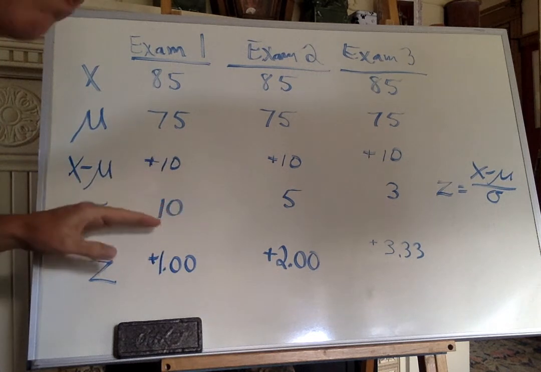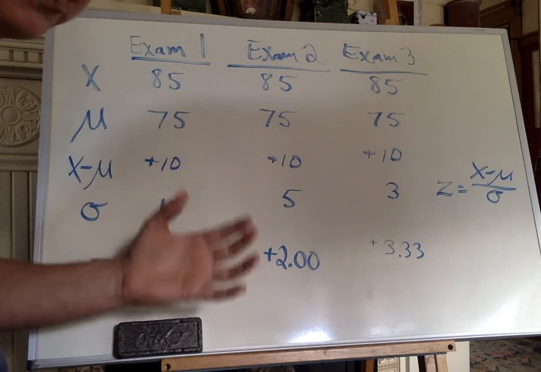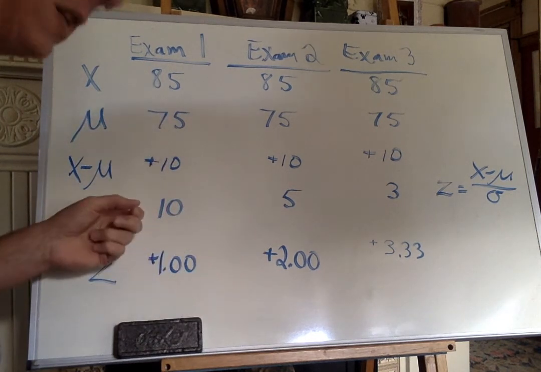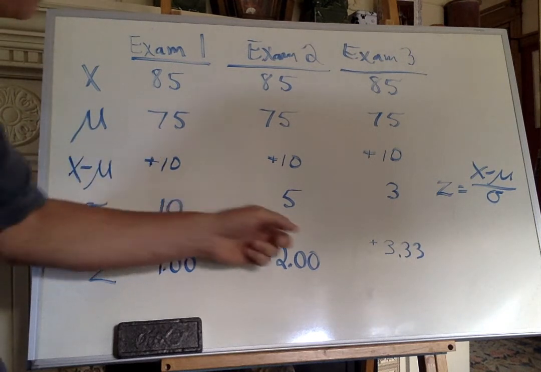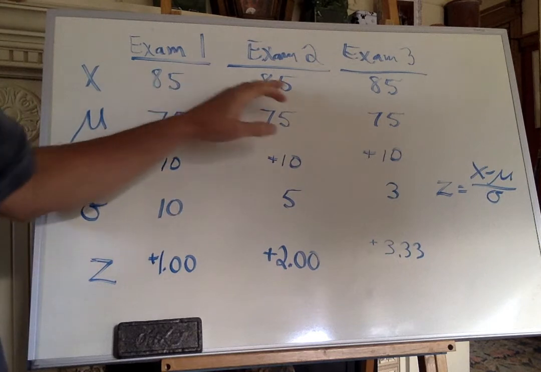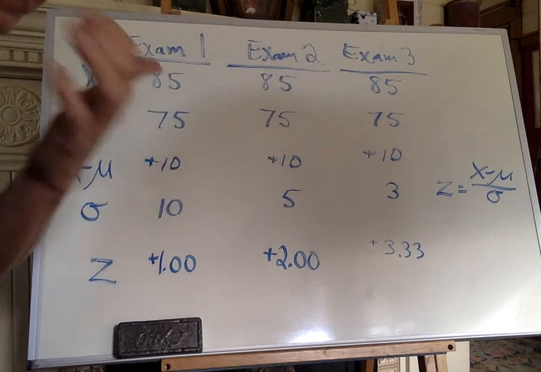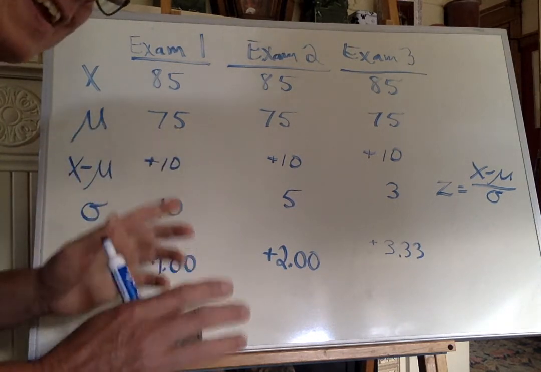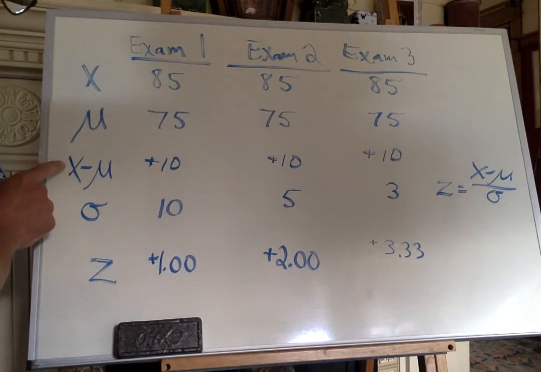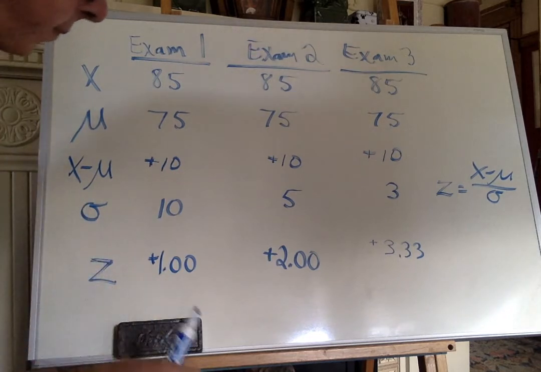Question then is, does this matter? Hopefully, I've convinced you, because it does matter. If we have different standard deviations, then we have to look at this performance differently. Okay? So, we weren't getting any difference with this deviation score.